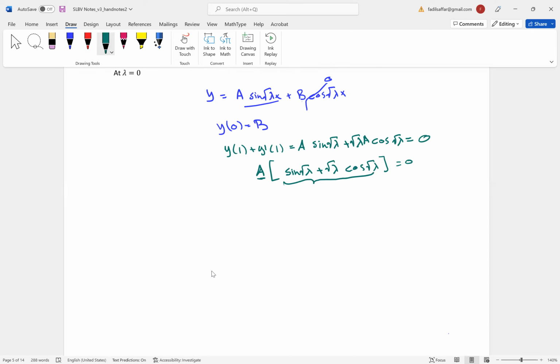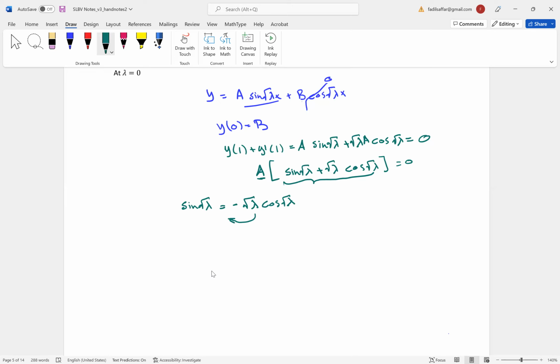So we can rewrite it as sine square root of lambda equal to negative square root of lambda cosine square root of lambda. And if we move this to the left side, we can call this the characteristic equation.